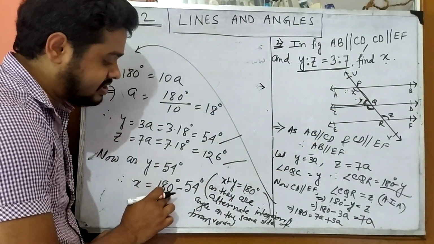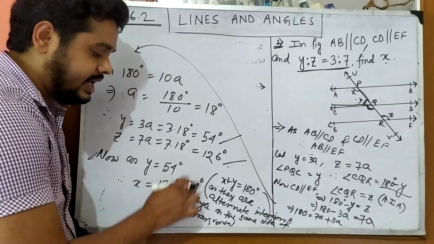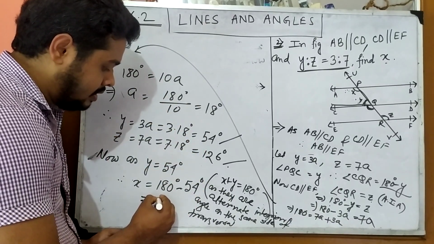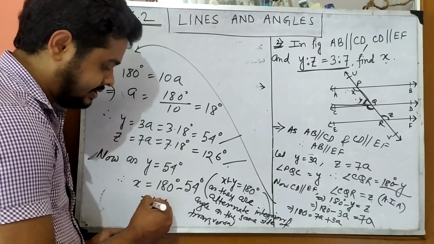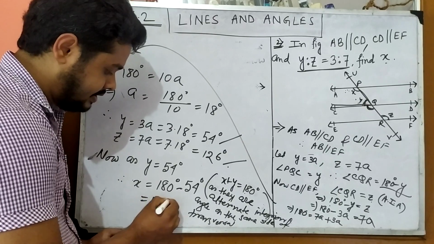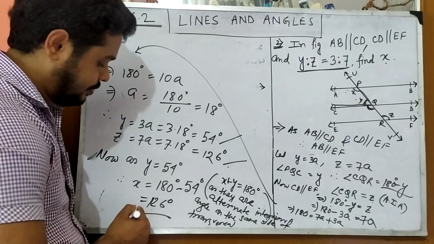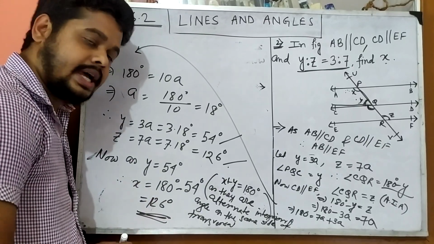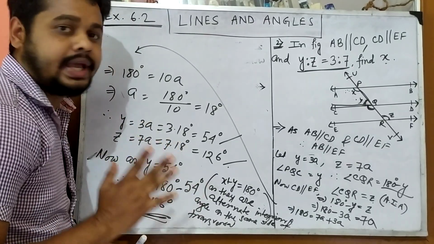So x equals 180 minus y, that is 180 minus 54, and the value becomes 126 degrees. This is our answer. So the value of x is 126 degrees. Clear? Now we are coming to problems 3 and 4.